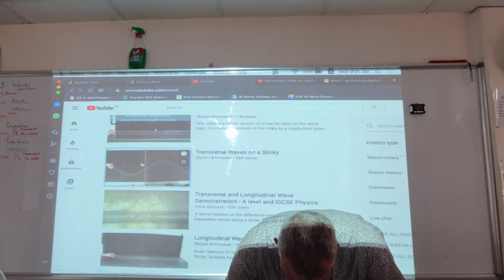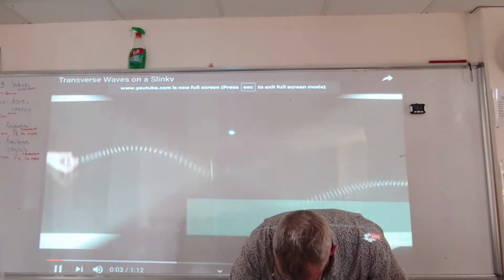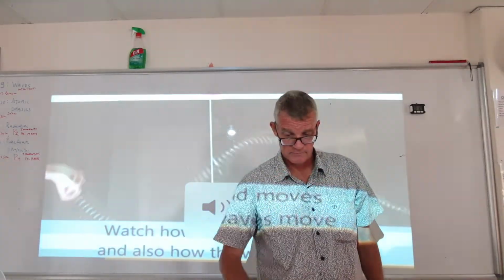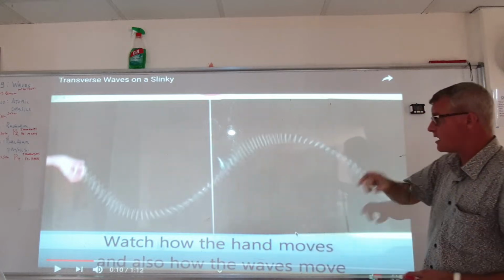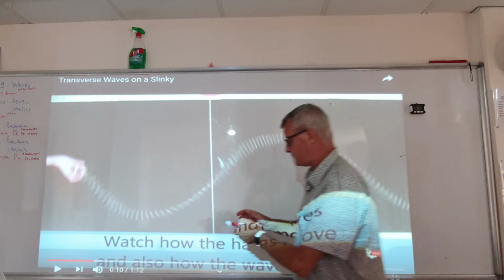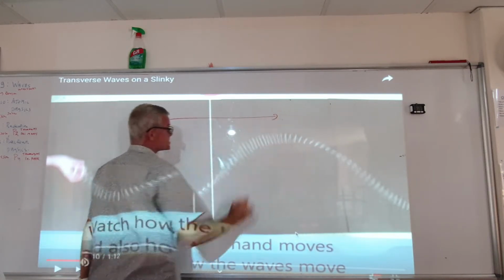And let's look at this wave. Transverse waves. Okay, now what we see here, we see that the wave progression is in this direction.